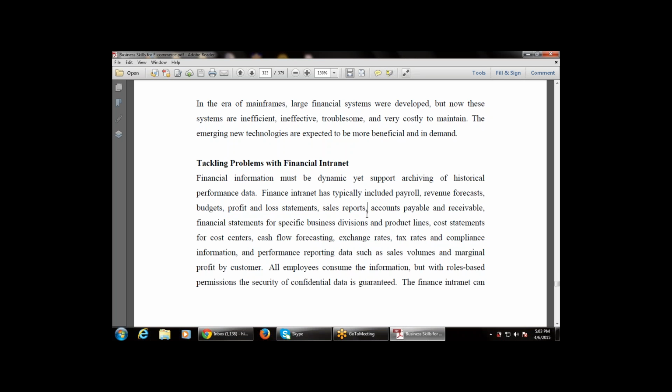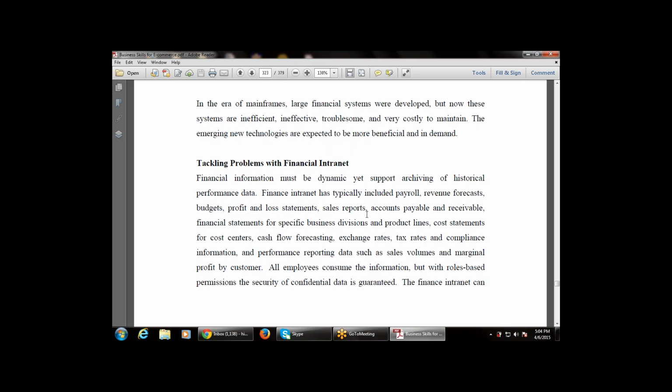Finance intranet has typically included payroll, revenue forecast, budgets, profit and loss statements, sales reports, accounts payable, receivable, financial statements for specific business divisions and product lines, cost statements for cost centers, cash flow forecasting, exchange rate, and tax rate.